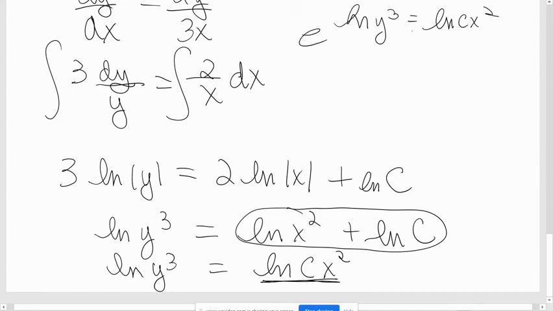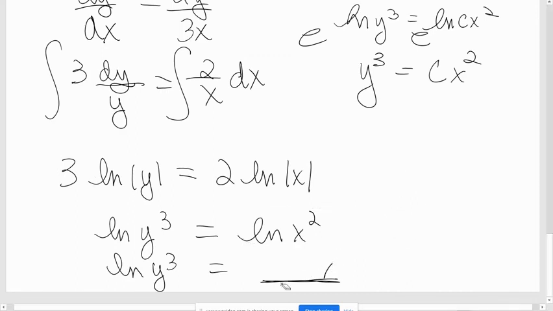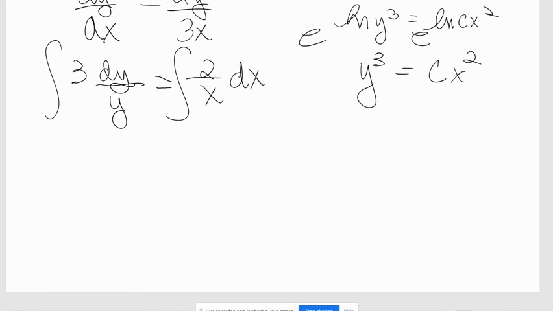And I'm going to do e to the, and that simplifies to y cubed equals c x squared. Now we need to find the c, so we're going to use that point. x is 8 and y is 2.